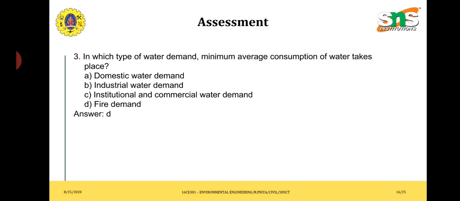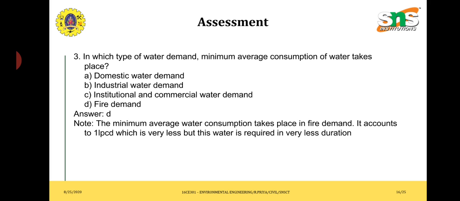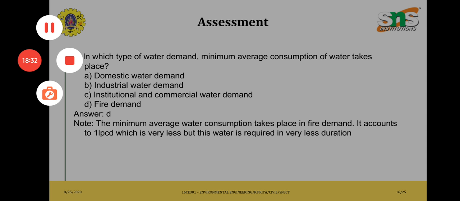The answer is D, fire demand. The minimum average water consumption is for fire demand, which is very small, and this water is required for a very short duration. In total, for fire demand we are consuming just 15 liters per capita per day, the least of all.